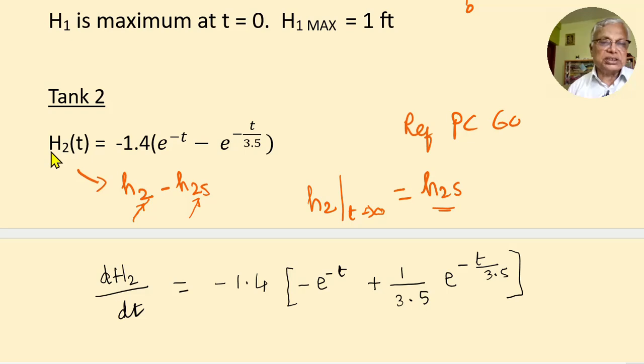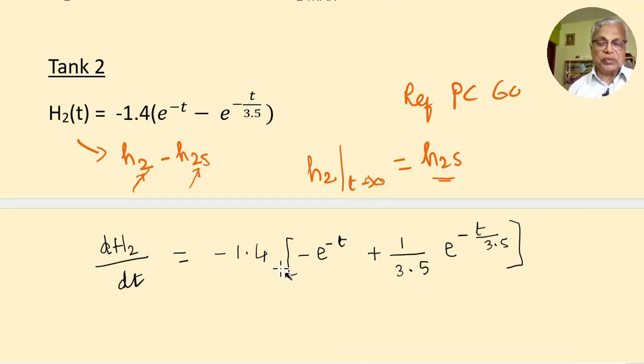If you differentiate, you get dh2/dt equal to minus 1.4 times minus e^(-t), plus 1/3.5 times e^(-t/3.5). When dh2/dt equals 0, h2 will be maximum. So set this equal to 0 and solve for t.